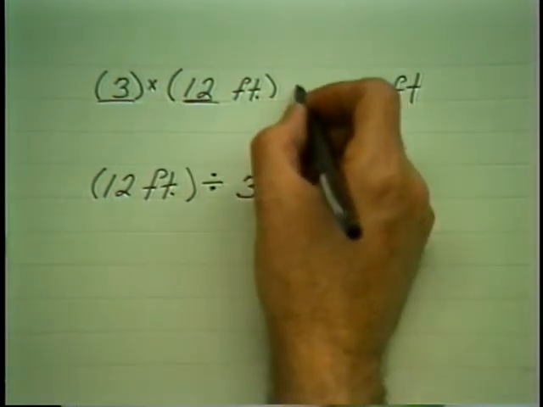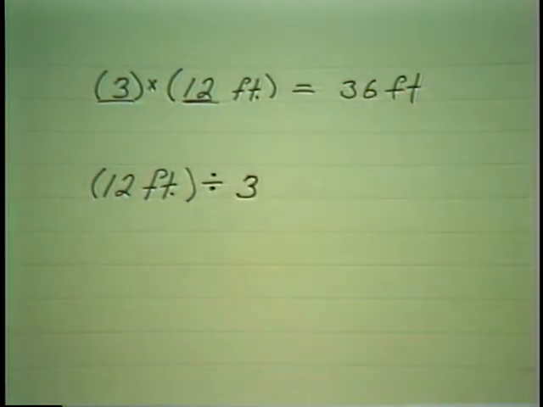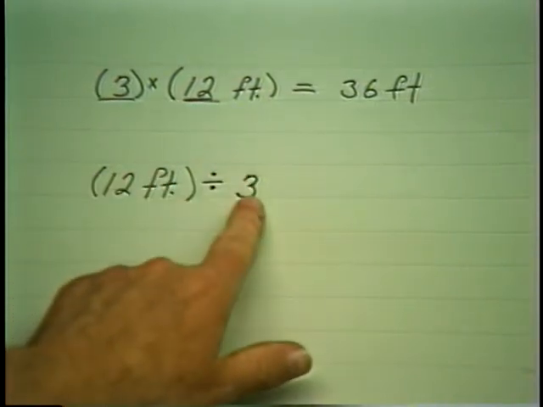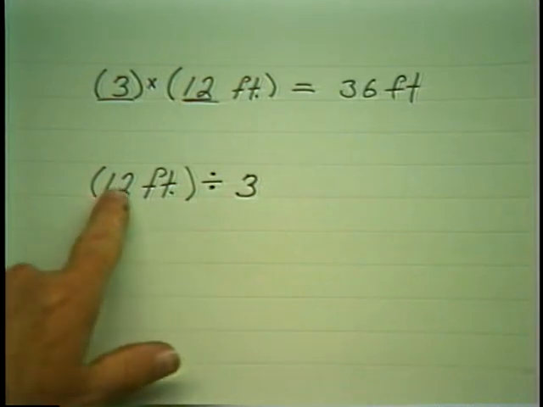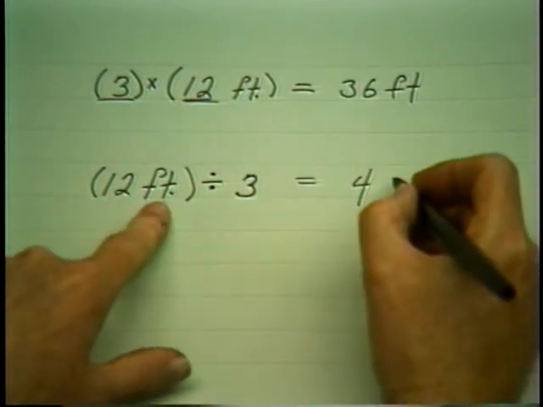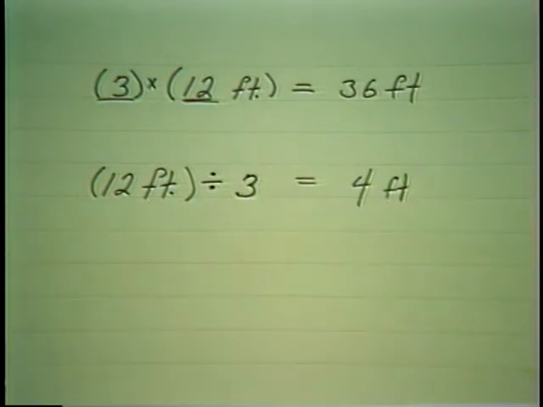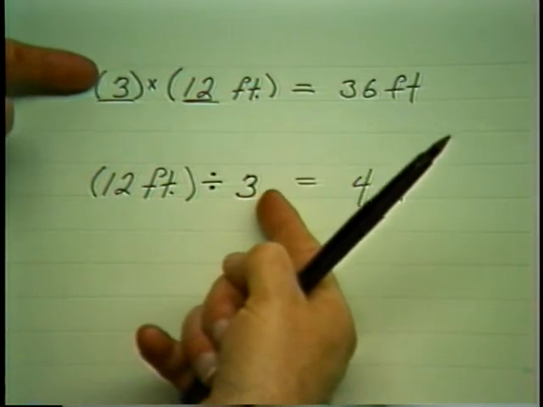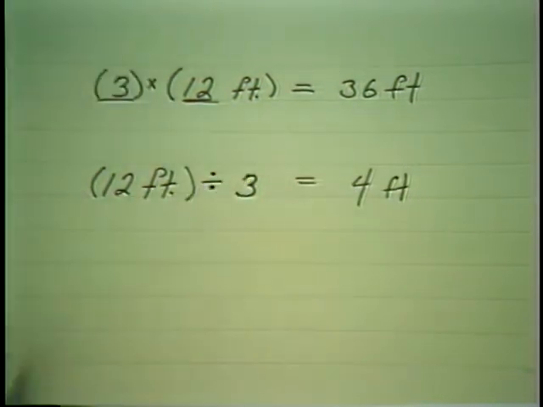It's a little bit more technical than that, but that's good enough for the time being. And if you're dividing a measurement by a number, you divide the number into the measurement part, 4 in this case, times feet. So you can multiply or divide a pure number with a measurement.